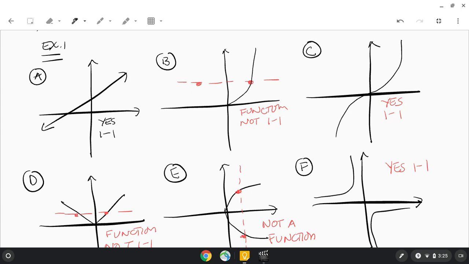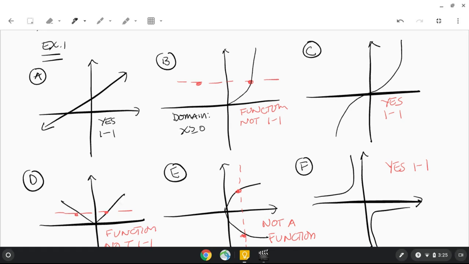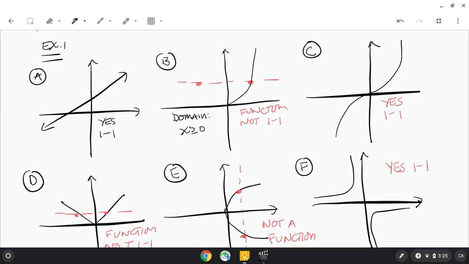So in this case, by restricting the domain to x values that are greater than or equal to 0, okay, then we do have a one-to-one function.